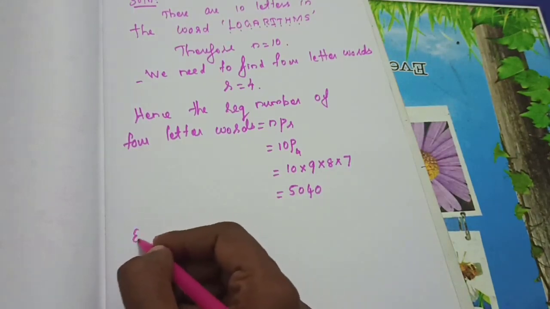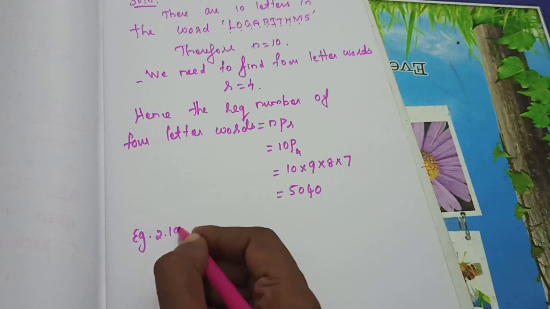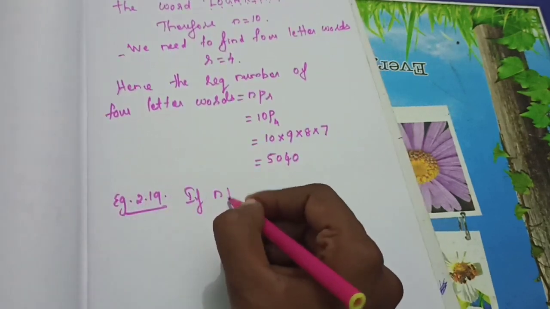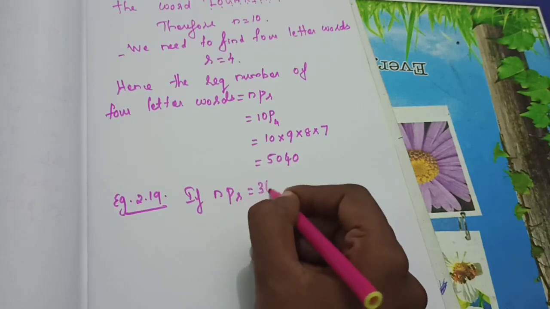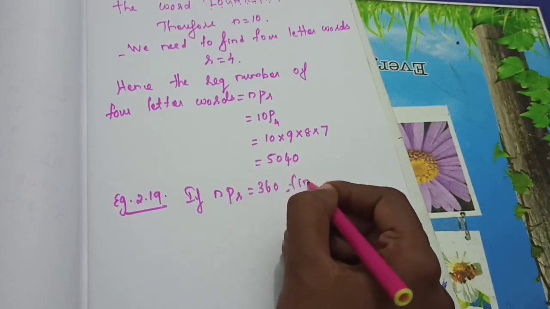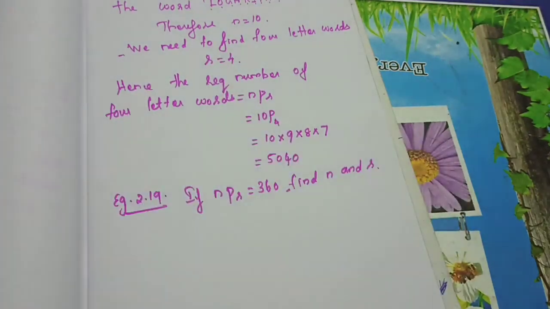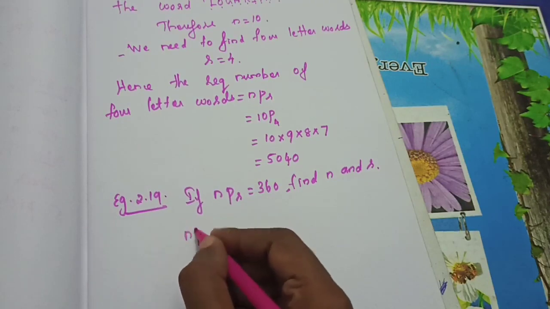Next problem, example 2.19. If NPR is equal to 360, find N and R. Here we don't know the values of N and R. We need to find N and R, but only one thing is given: NPR is equal to 360. So first we need to split this.